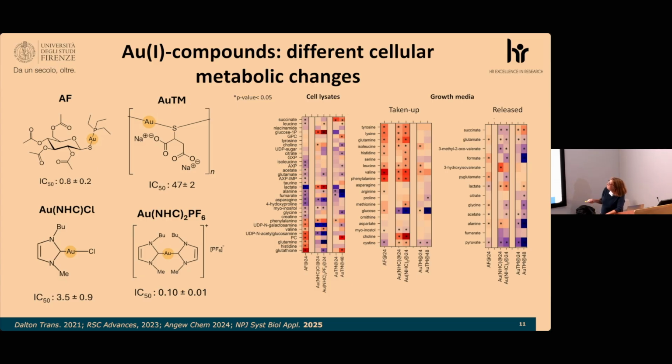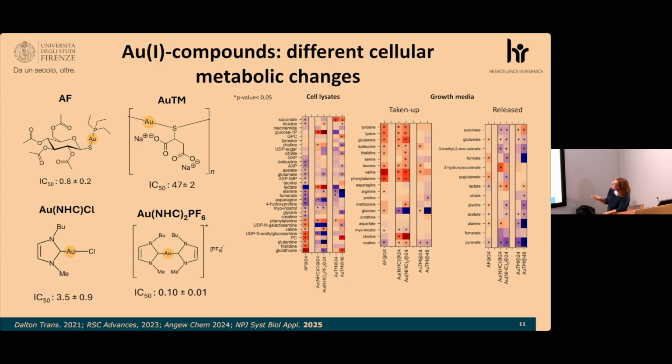And so what we see is that, for example, auranofin, which is a drug that is activated by losing this thio sugar and maintains the phosphine ligand, has very large effects already at 24 hours, and in particular, one of the main effects is a large increase in glutathione concentration, which has no counterpart, for example, in the group of these gold carbene compounds that instead have a reduction in glutathione.